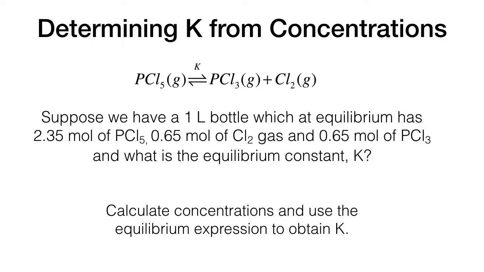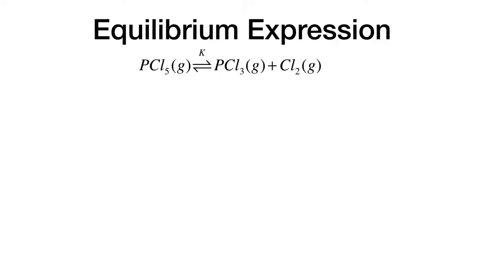Well, we need the equilibrium expression and then calculate concentrations of products and reactants and substitute in. So here is our equilibrium equation. Now we can write the equilibrium expression as K, the equilibrium constant, is equal to the concentration of PCl3 times the concentration of chlorine divided by the concentration of PCl5.